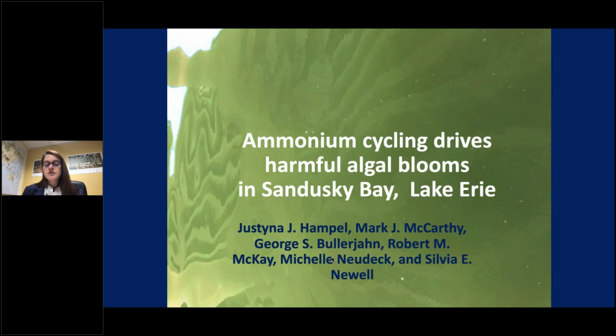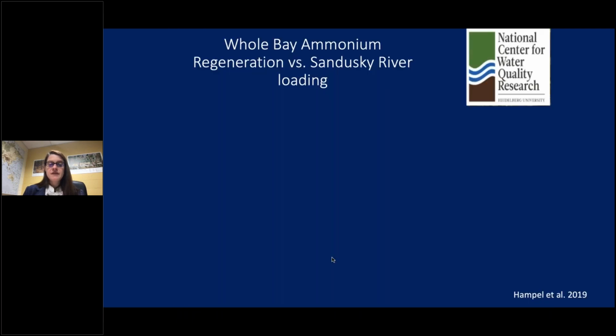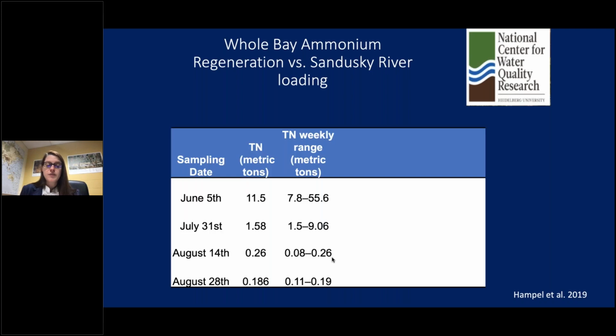did a similar thing where she also looked at ammonium turnover rates for the Planktothrix bloom that was that year, definitely in Sandusky Bay. And what she figured out was if she scaled up and compared her ammonium regeneration, or that sort of internal supply rate, versus what was coming in from the Sandusky River, she looked at the sampling date that she went.